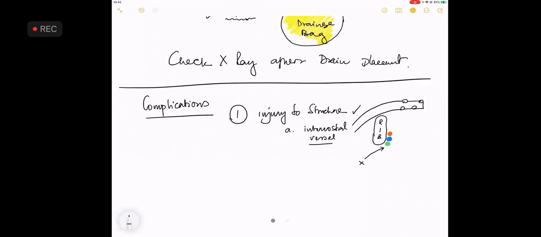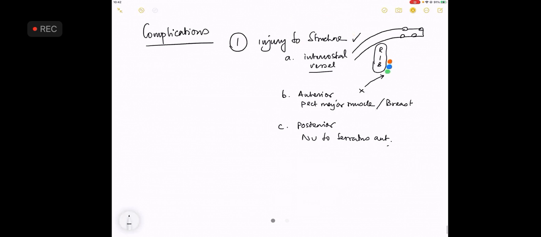Number 2, if you are anterior to the anterior border, you can injure the pectoralis major muscles or the breast in a female. If you are posterior, then you can injure the nerve to the serratus anterior. So all depends upon which position you are.